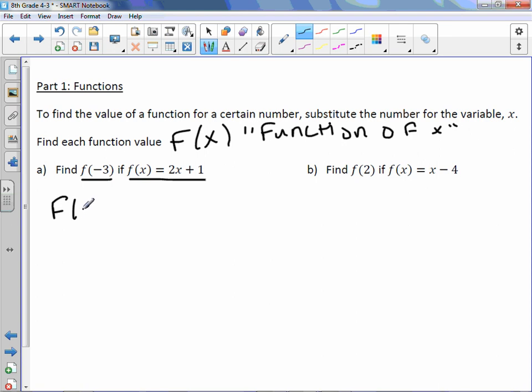So the function of -3, again, all I'm doing is rewriting the equation, but instead of x, I'm putting the -3. From here, we just simplify. 2 times -3 is -6 plus 1, which is -5.